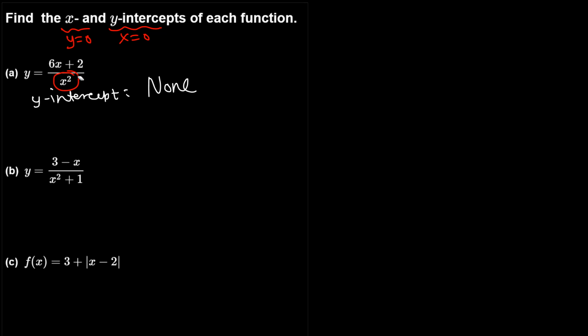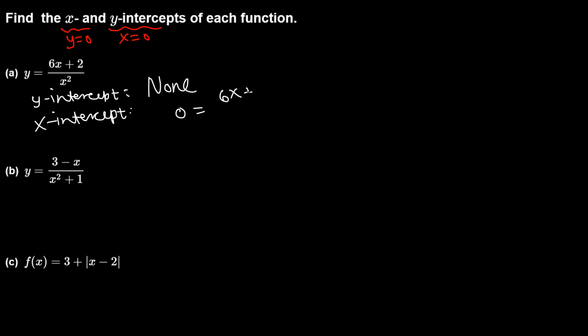Okay, so let's find the x-intercept. We set y equals 0, so 0 equals (6x plus 2) over x squared. Now we solve this equation for x. We can always think of 0 as 0 over 1, so we have one fraction equal to another fraction, and we cross multiply.